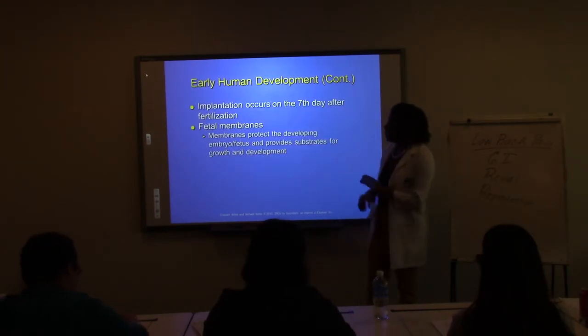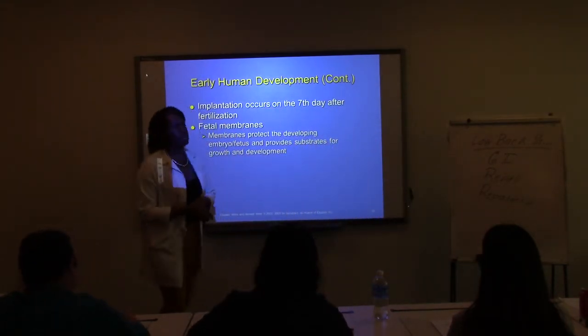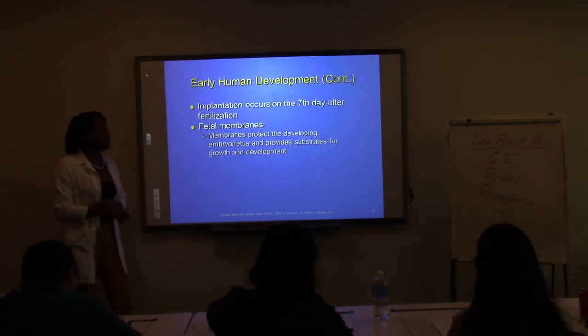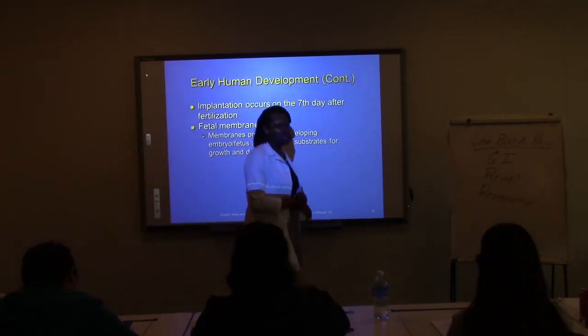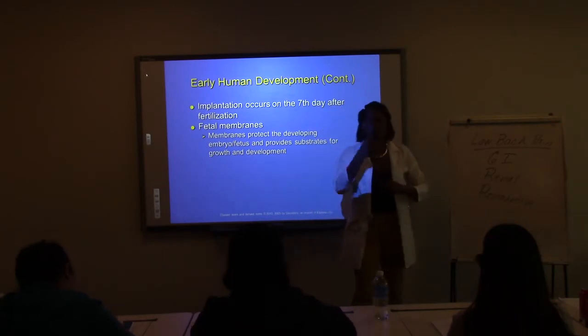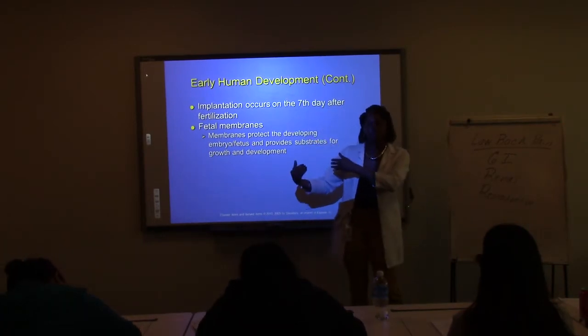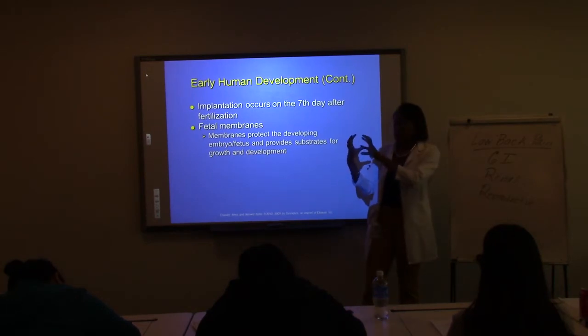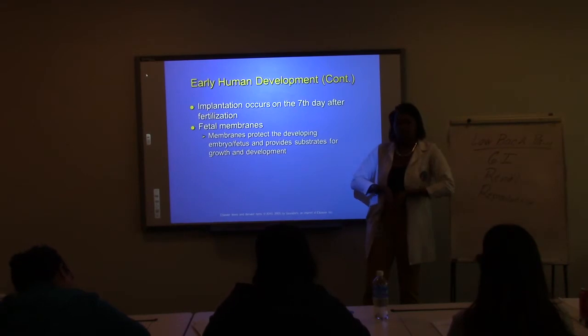So implantation occurs on the 7th day after fertilization. And what we mean by implantation is implantation into the uterus. As we know, these cells are dividing along the oviduct, but then they get to a point where we have this ball of cells migrated to the uterus.